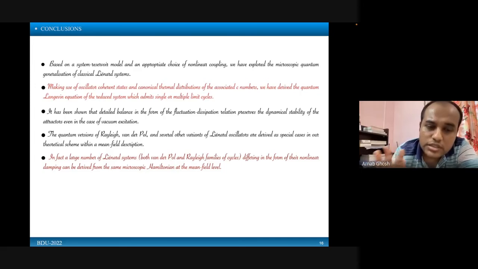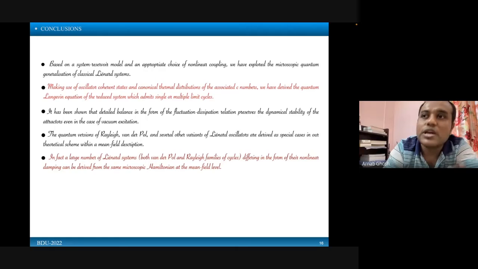So based on that, this is another finding: although the various nonlinear oscillators may differ in form, they can be derived from the same microscopic interaction Hamiltonian.